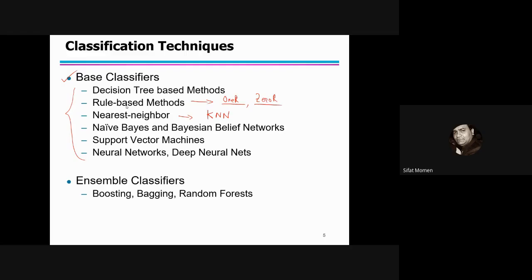So in the case of an ensemble classifier, do we use a single classifier or multiple classifiers to make a decision? We use multiple classifiers. A very good example of an ensemble classifier is the random forest algorithm. We will talk about ensemble classifiers further down in this course. So there are different classifiers, and each has its own algorithm and strategy to make a prediction. Is that okay, Nakina?